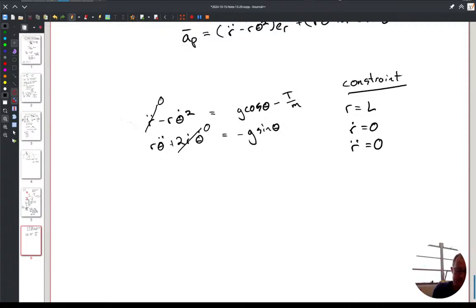So in equation 1 and equation 2, equation 1 is all first order derivatives. So I have this theta dot term, and then this theta term. And then I also have this T, an unknown constraint force. And that's important because T is whatever it needs to be. So if this thing is moving fast, T is very high.